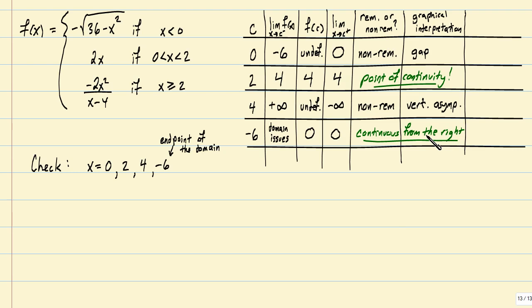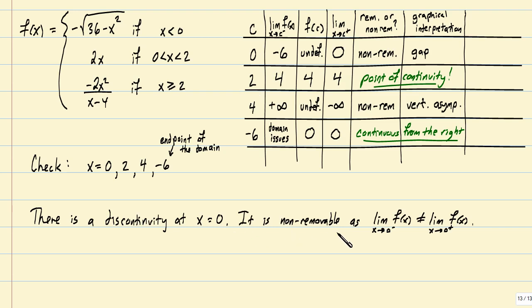This is a continuous from the right situation because the function suddenly stops. But the other two x values, 0 and 4, both cause discontinuities. So let's start there. We notice there is a discontinuity at x equals 0. It was non-removable because the left-sided limit and the right-sided limit disagreed in value. So the overall limit failed to exist as x approaches 0.